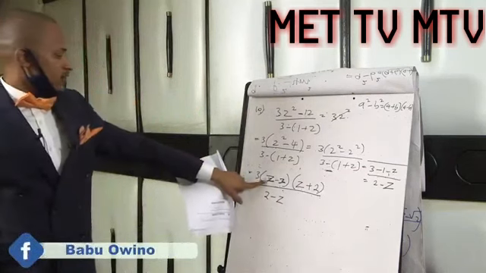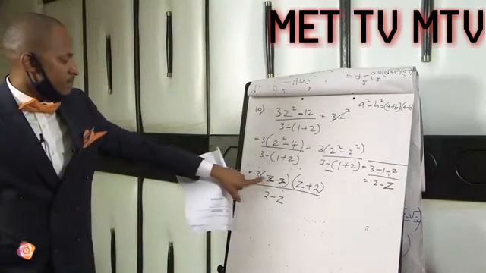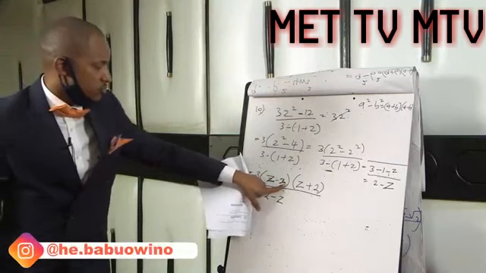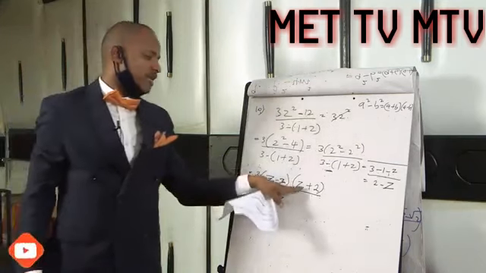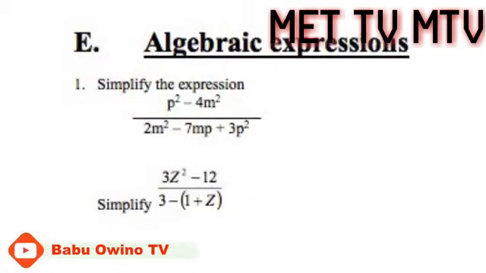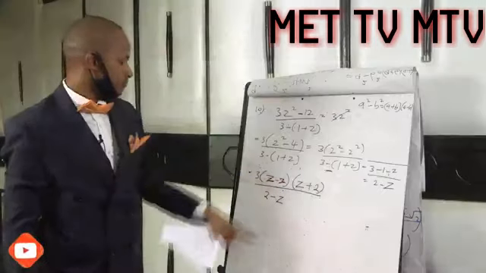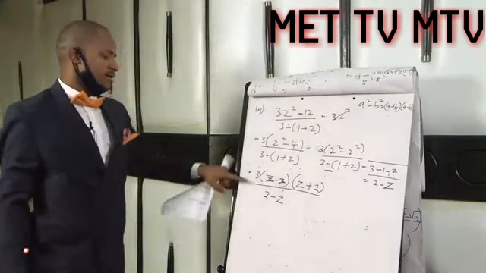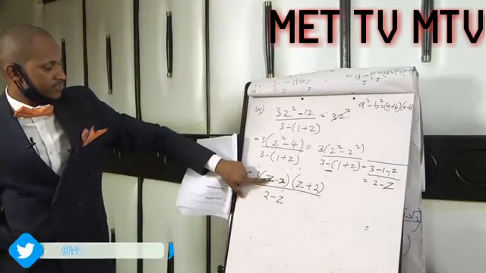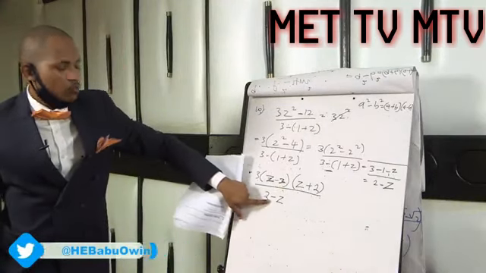Again, you can easily see that we have 3 into z minus 2 into z plus 2. Divide by 2 minus z. Here we have 3 into z minus 2 into z plus 2, divide by 2 minus z. Again, there is a relationship between z minus 2 and 2 minus z.